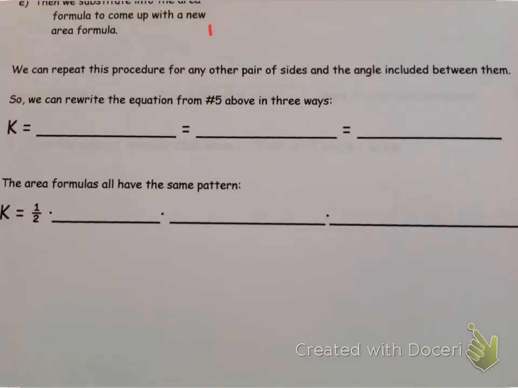Instead of 1/2 base times height, what I ended up with was 1/2 times side A times side B times sine of angle C.